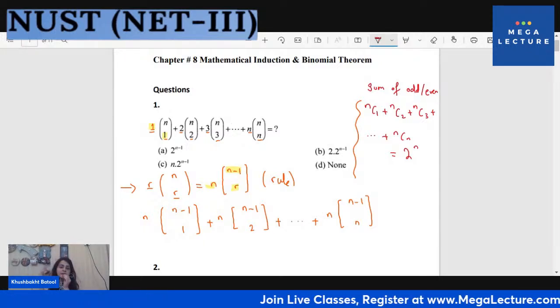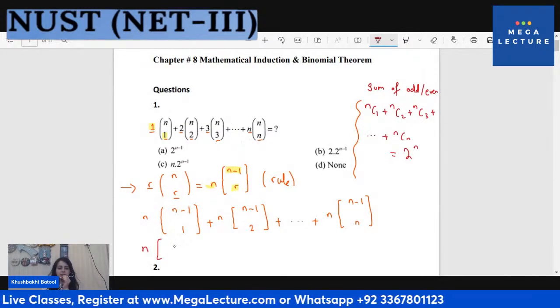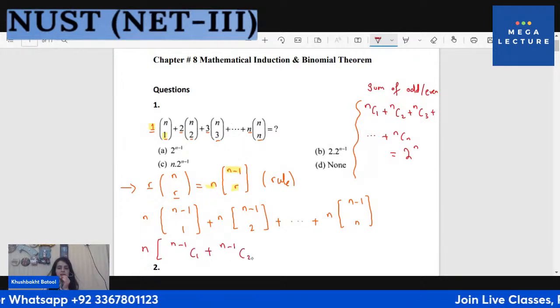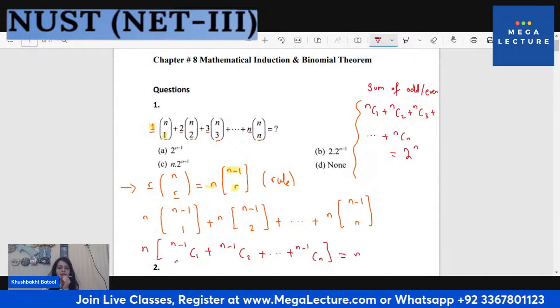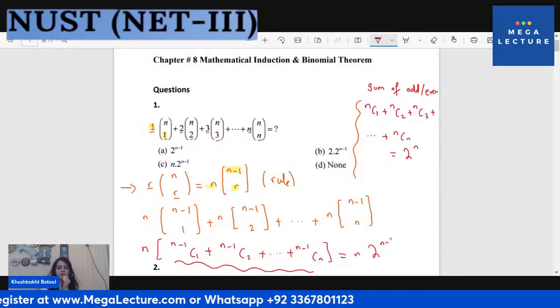So if that is equal to 2 power n, I'll take n common and I can write this thing as n minus 1 C1 plus n minus 1 C2 plus so on and then n minus 1 Cn. Can I write it as n coming as it is and this thing in the bracket as 2 power n minus 1?